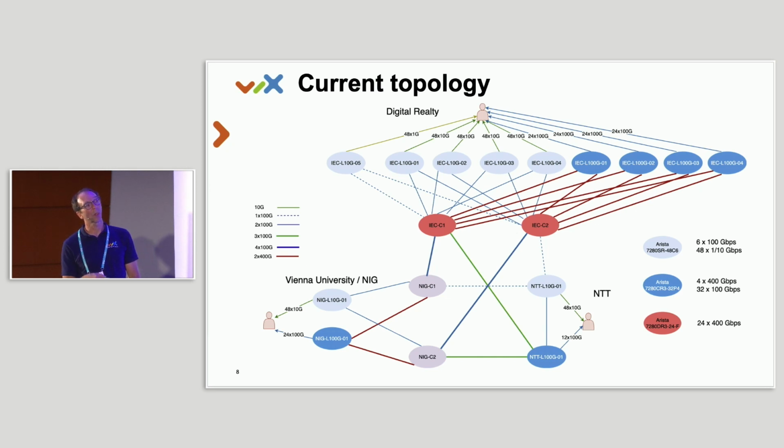So at the biggest site we have switch models that are 400 gigabit only, and we directly connect the 100 gigabit leaves, and for the 10 gigabit leaves we use breakout optics and cables, so to be able to connect them as well. You see also here the inter-site capacity is currently 400 gigabits on these links, and the site at NTT currently doesn't have any core switches. They are connected as they would be leaf switches of the other cores.